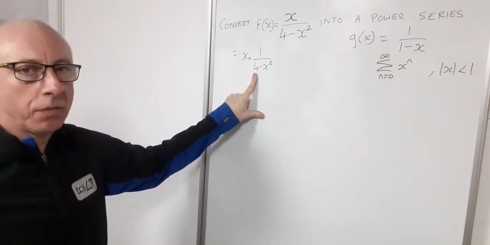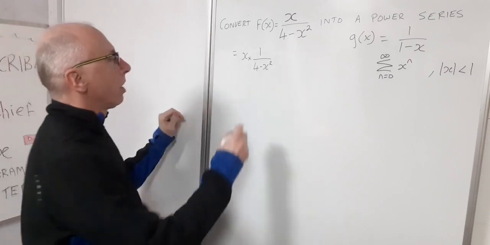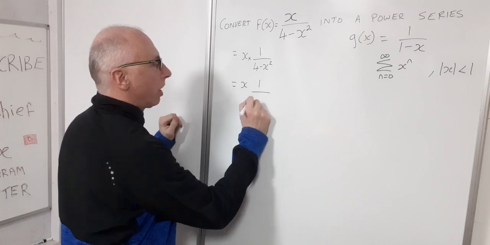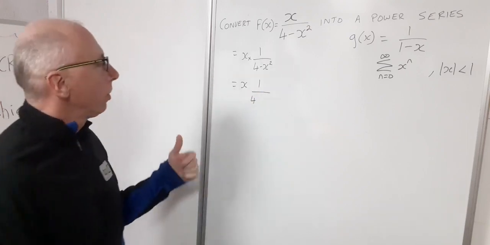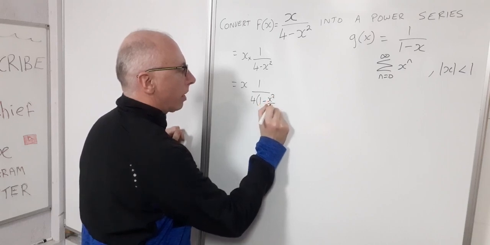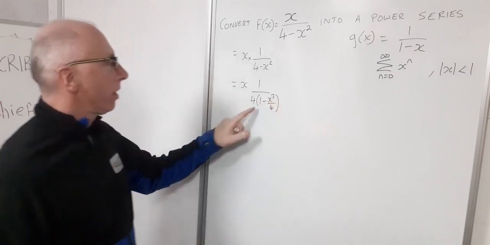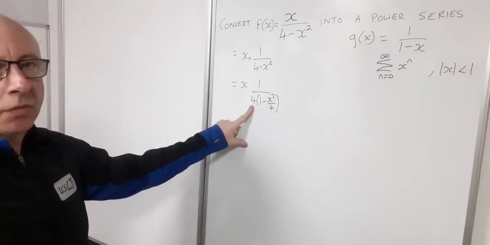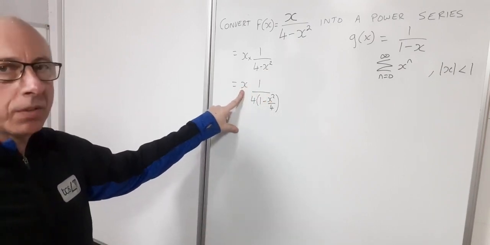So if we factor out a 4 in the denominator, we can go to x times 1 over 4 times 1 minus x squared over 4. So that then is the equivalent of that. And then what we could do is this 4, we could bring it out here with this x.